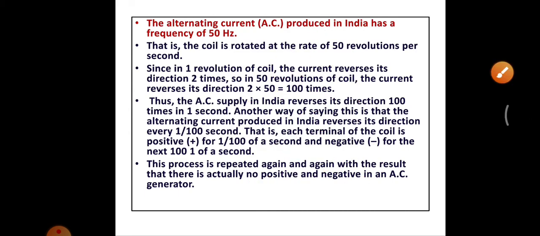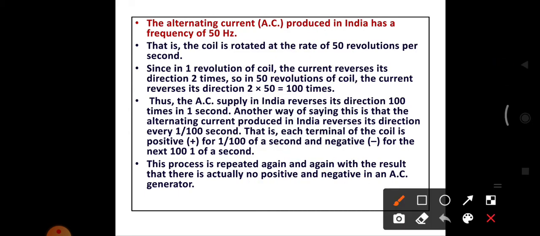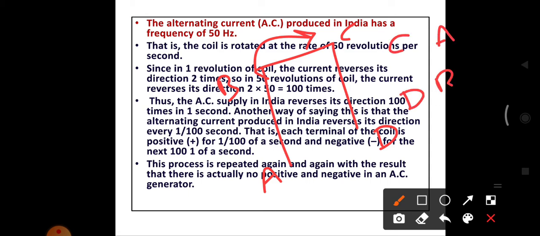In one revolution of the coil, the current reverses direction 2 times. We clearly know that this is A, B and C, D. In one half rotation, CD comes here and AB goes here. So the current direction changed.